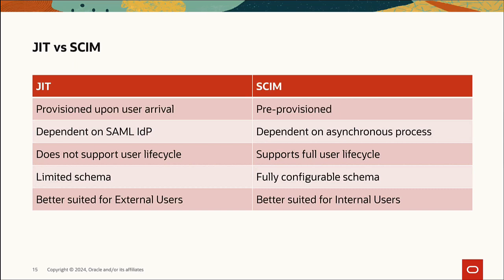If your external IDP is the authoritative source, then any lifecycle event in your authoritative source is going to trigger a corresponding lifecycle event in OCI IAM, and that's really critical. Okay, so both modalities have their specific use cases, but SCIM is the more encompassing approach, and that's the approach that we do recommend.